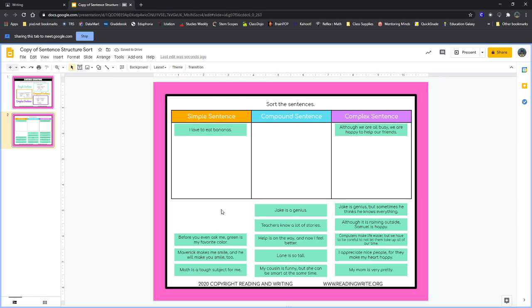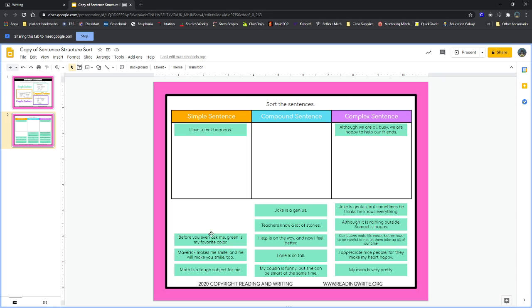Okay. What about the next one? Before you even ask me, green is my favorite color. Bella, what do you think? Would it be a simple, compound, or a complex sentence? This one, not a simple sentence.